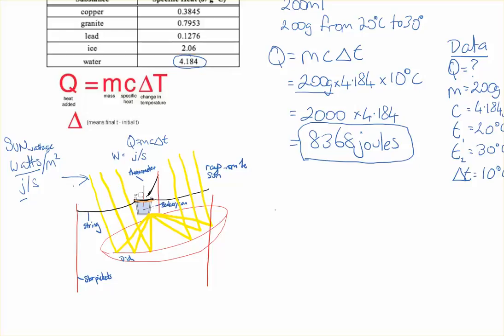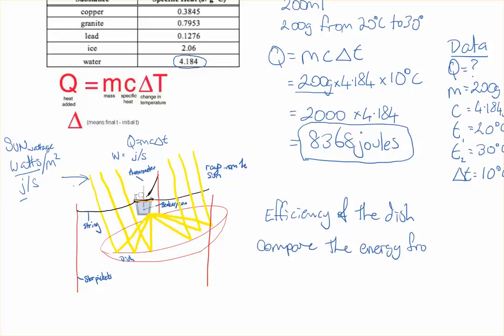And what we can then do is calculate the efficiency of the dish, where we compare the energy from the sun to the energy placed, for want of a better word, into the water in the beaker.